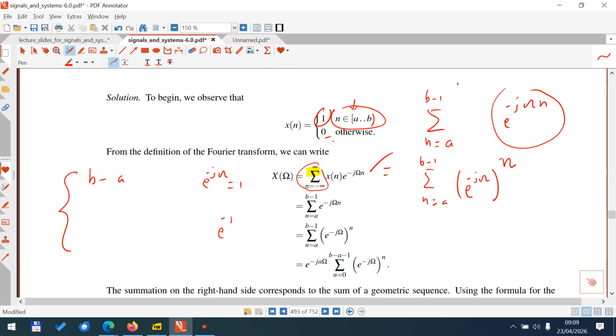So when this thing is not equal to 1, it will be over 1 minus z. And what is z? Right? And the first term is 1, right? No, is it 1?